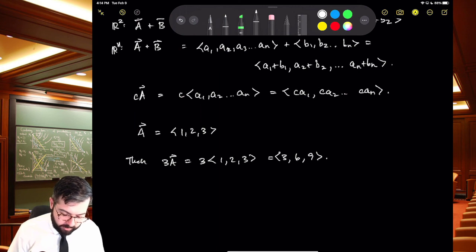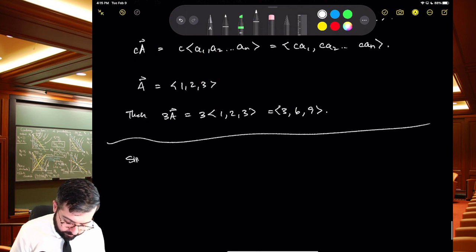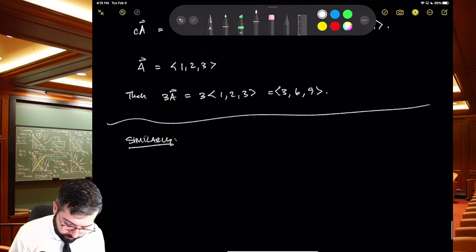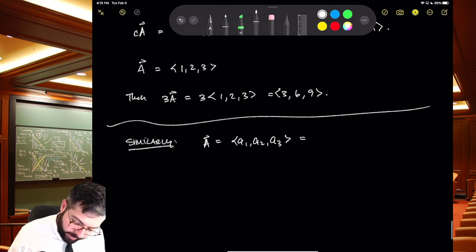So, similarly, we can write A as the component, how far in the x direction times that basis vector I, how far in the y direction times that basis vector j, how far in the z direction times that basis vector k.